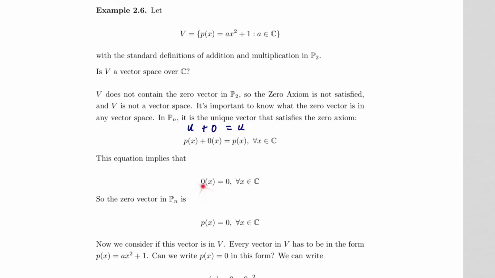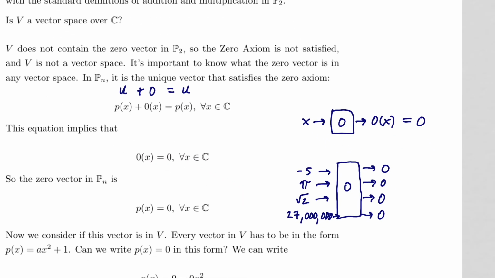So 0 of x has to be equal to the number 0 for all x in C. In other words, if we think of 0 as a function, as we did before, with an input and an output, the 0 polynomial takes as an input x and outputs 0 of x, which has to be equal to the number 0. So if we put some specific numbers through there, if you input minus 5, you get out 0. If you input pi, you get 0. Root 2, 0. 27 million, you get 0. So no matter what number you put into this polynomial function, you get the output of 0.